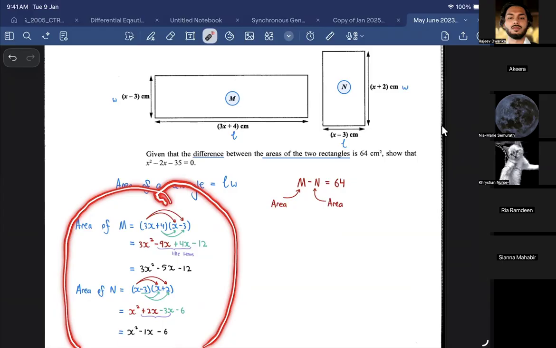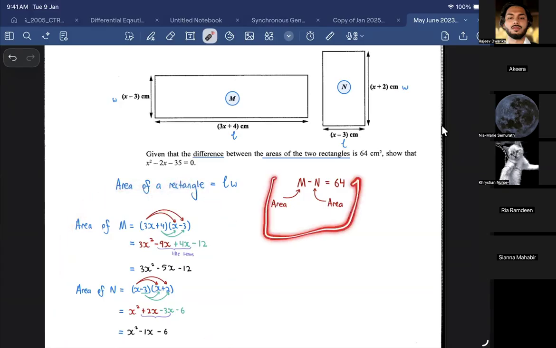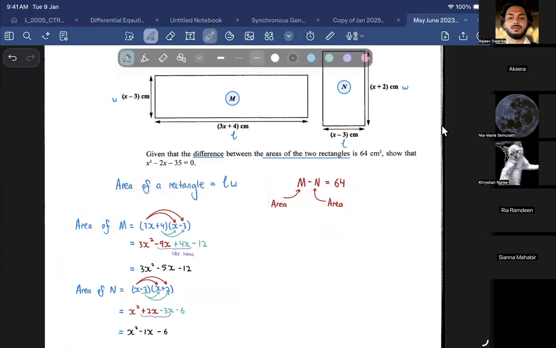We're gonna put it into the formula that they gave us. Yeah, that is it. You're gonna plug it into M minus N is equal to 64. So Christian, tell me what to write.